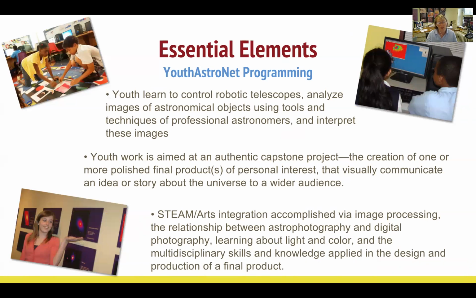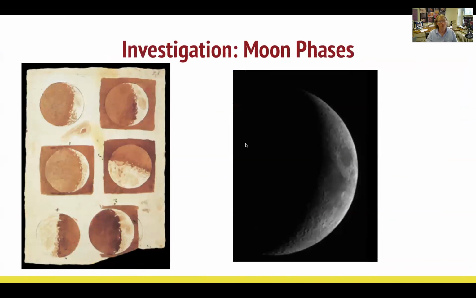We'll demonstrate some of those later on, but I wanted to show you a few astronomy projects you could do right away if you're interested in them. If students are interested in investigating moon phases, they could take an image with the telescopes every night for a month and create a moon calendar.